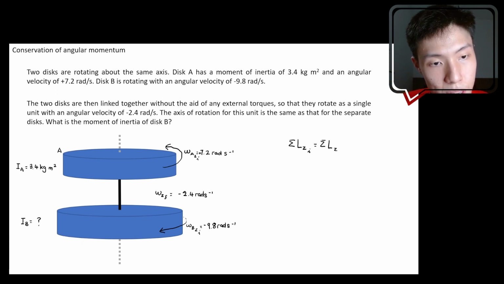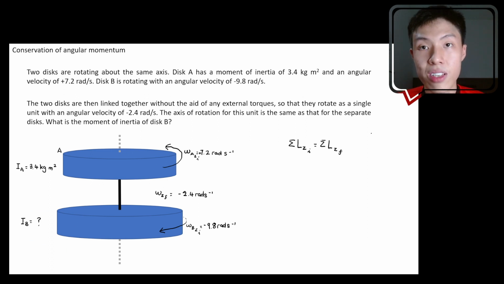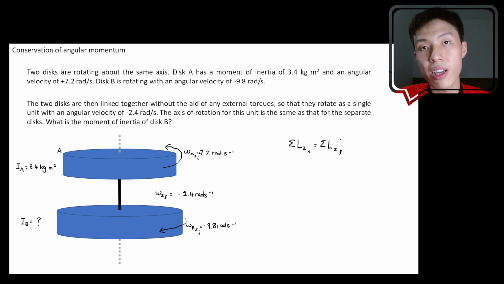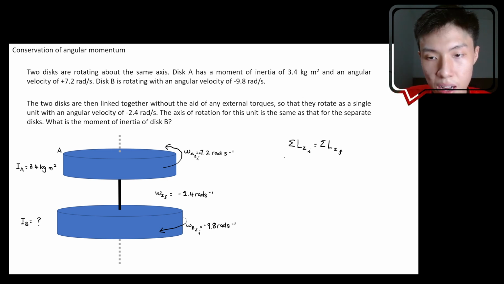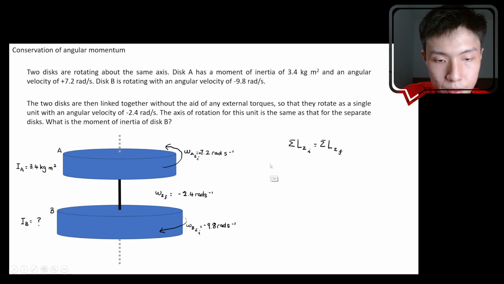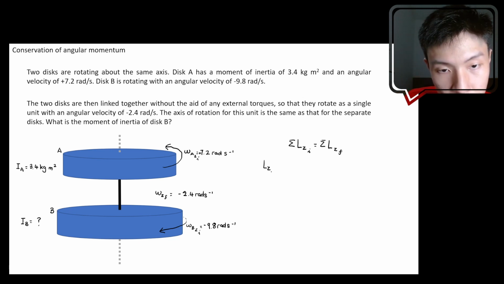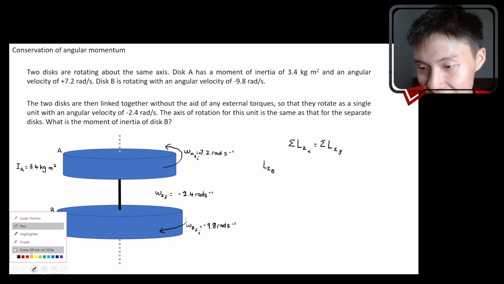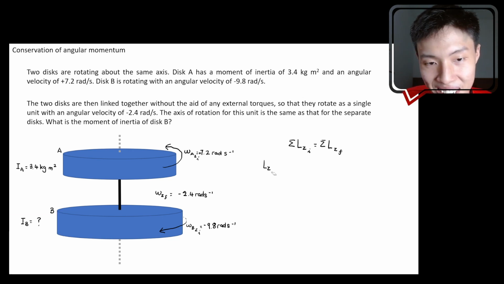This is how you should start, because you know that the initial angular momentum and the final angular momentum will be conserved, so they should be the same. How many bodies are involved for this sum? You have body A and you have body B. So therefore you break it into the Z component of angular momentum for object A. Now it's getting too many subscripts already.